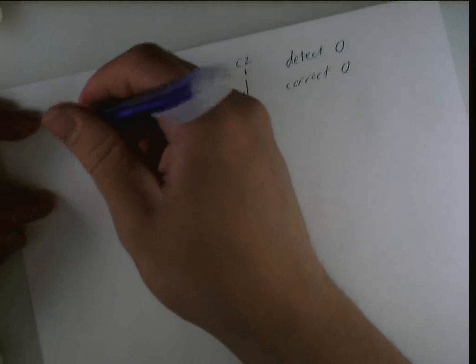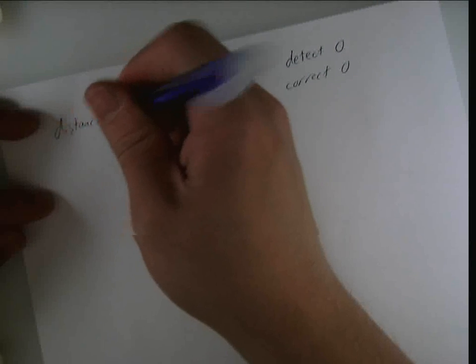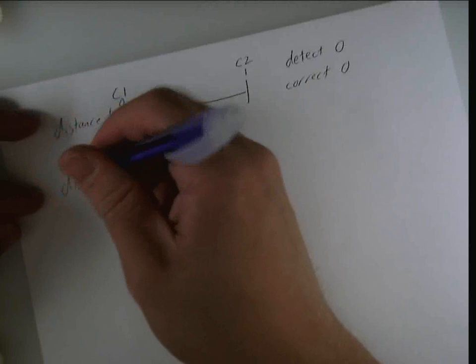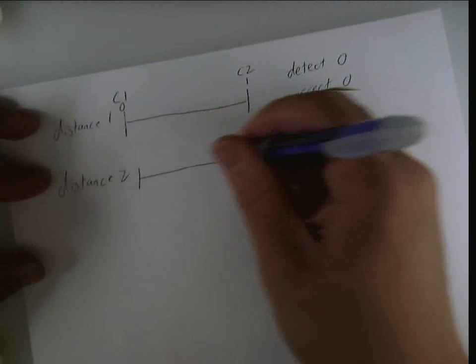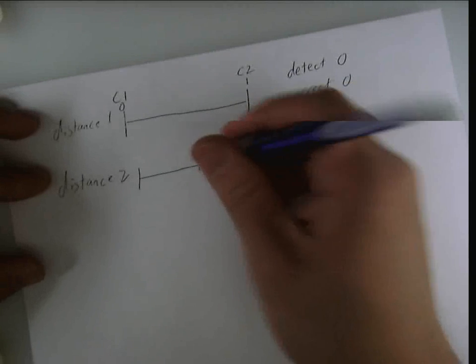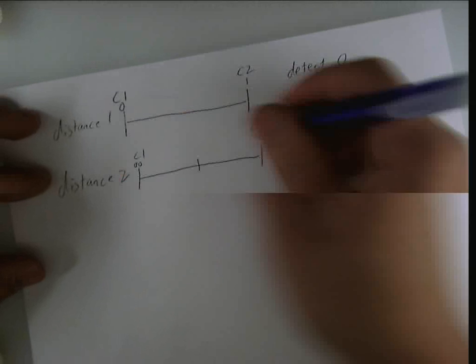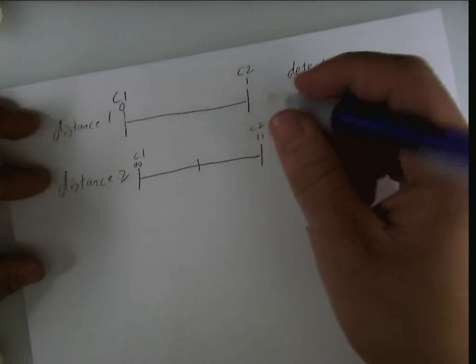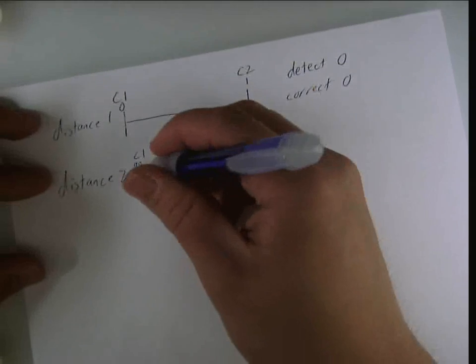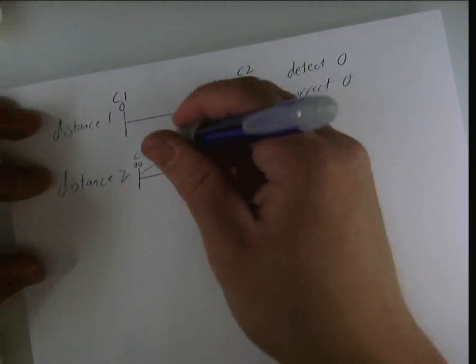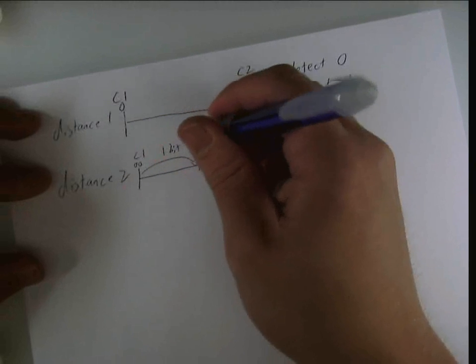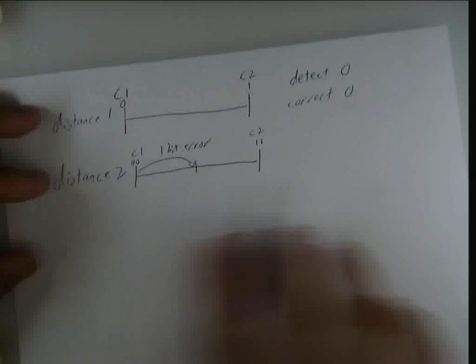So let's move on to a distance 2 code. This was distance 1, this is distance 2. We're going to do the same thing, except now we're going to have 2 line segments. We'll make it 0 0 and 1 1. Now if I change one bit, I'm not at a valid code word.